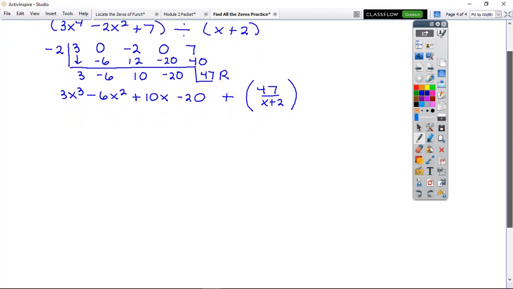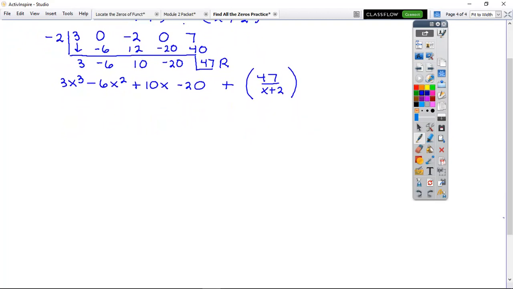All right, so number 4. I want us to just simply determine all the possible rational roots. Do not need to find them.